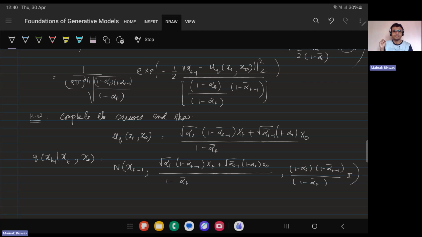You can look at Bishop as well. Bishop also has this factorization, the product divided by a normal distribution. A product of normals divided by a normal distribution is a normal distribution. You can look at it for help. This is just algebra, therefore we're not going to do that.